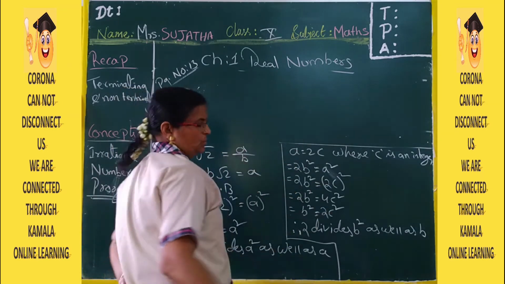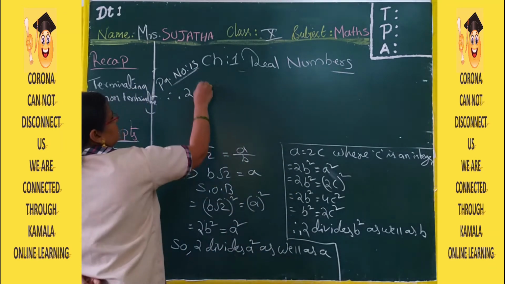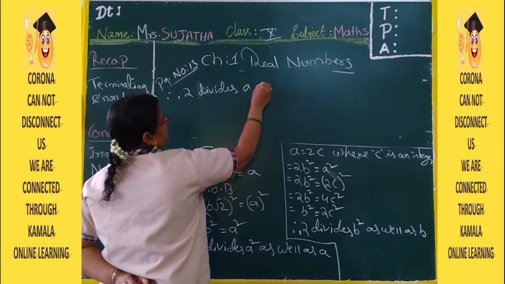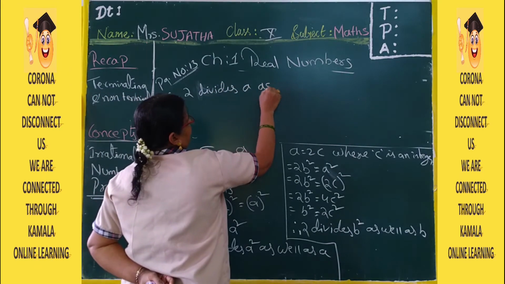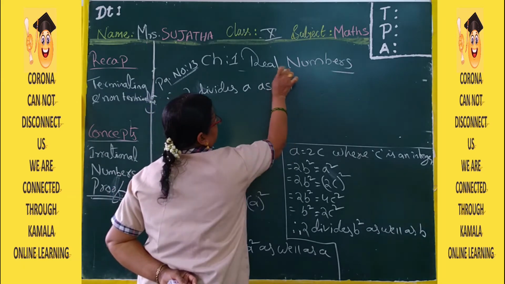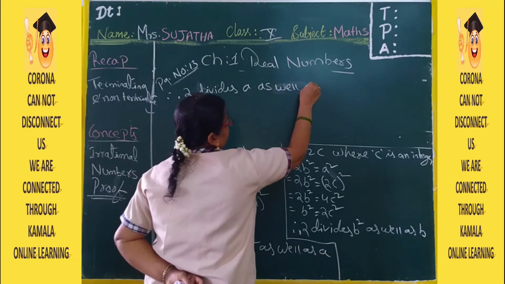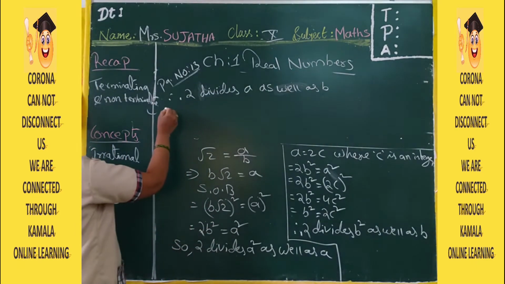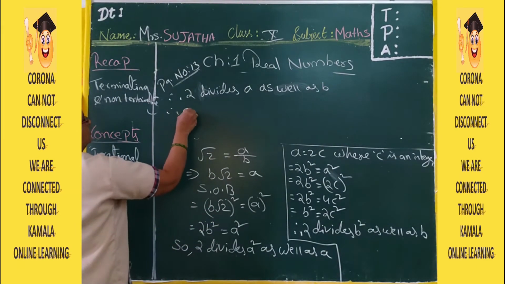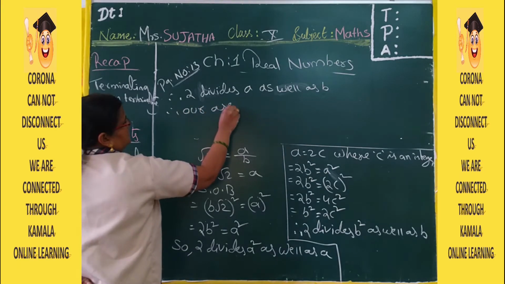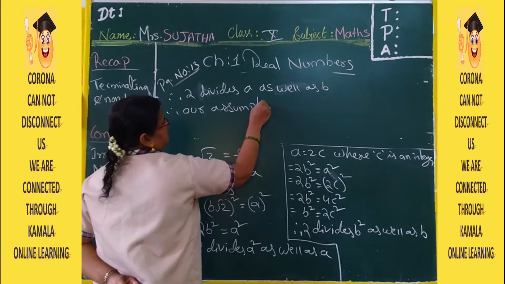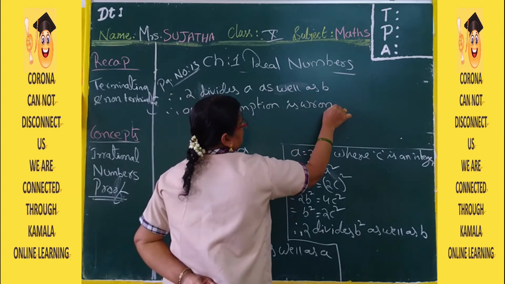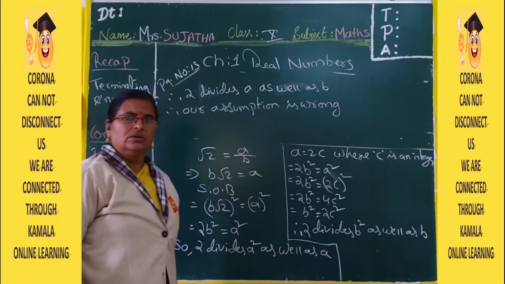Otherwise you can write 2 divides a as well as b. So our assumption is wrong. Therefore our assumption is wrong.